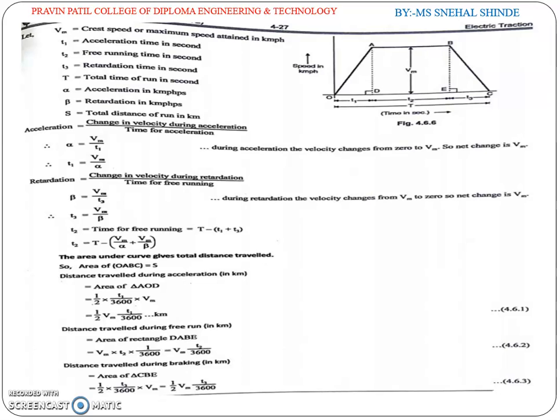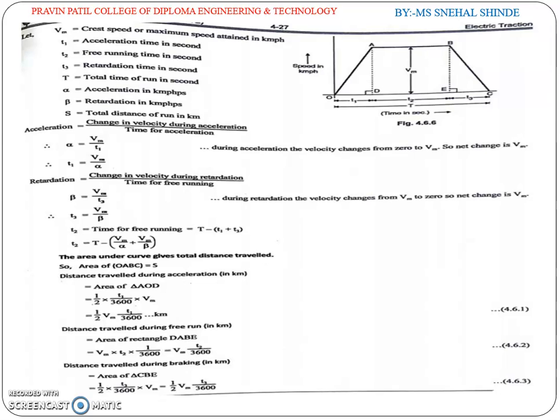So half into base into height, half into T1 divided by 3600 into Vm. So equal to half Vm T1 divided by 3600 kilometer.